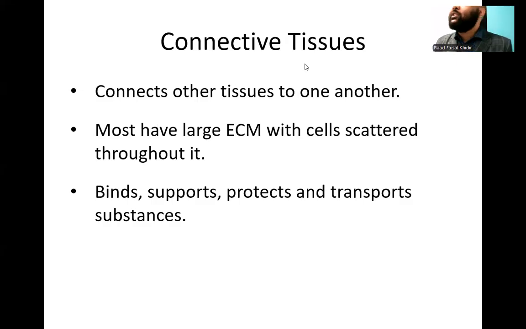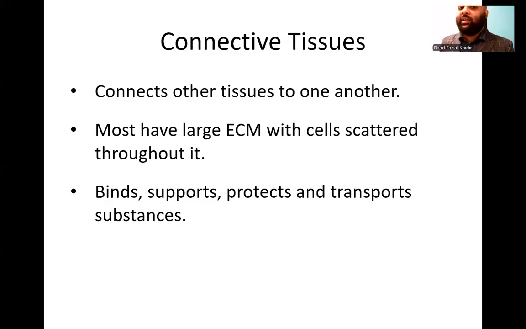Okay, the connective tissue is different from the epithelial tissue. The connective tissue, from its name, connects other tissues to one another. It must have a large extracellular matrix with cells scattered throughout it.